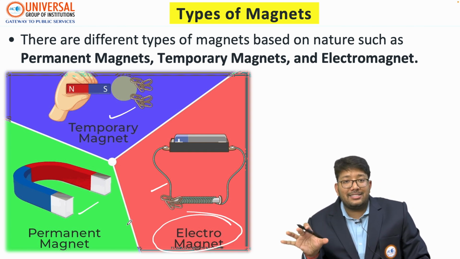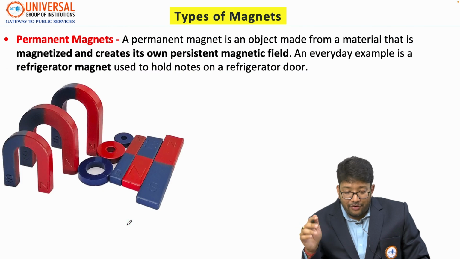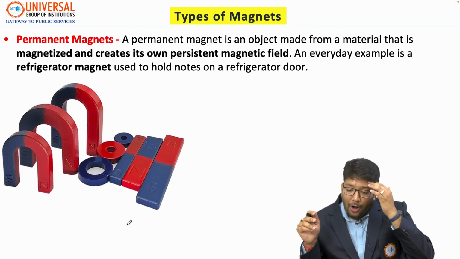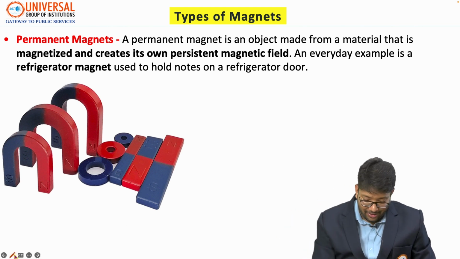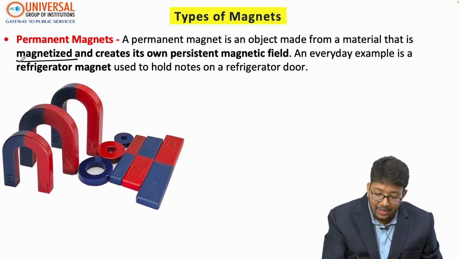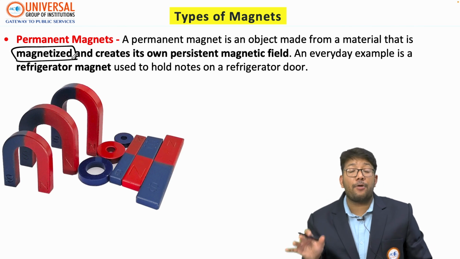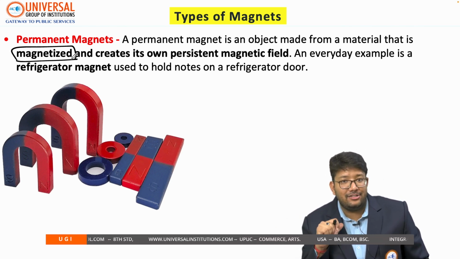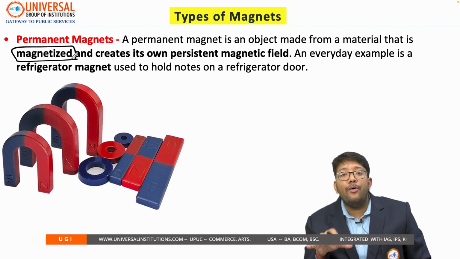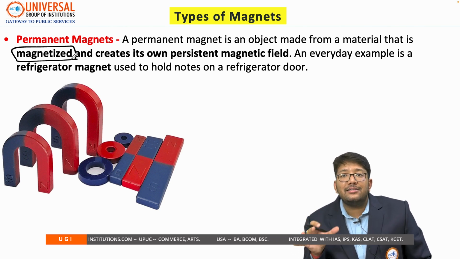If we talk about each one of them, first the permanent magnet. A permanent magnet is an object made from a material that is magnetized. Remember, what does magnetized mean? That is having the full property of a magnet. That is called magnetization. And how is it created?